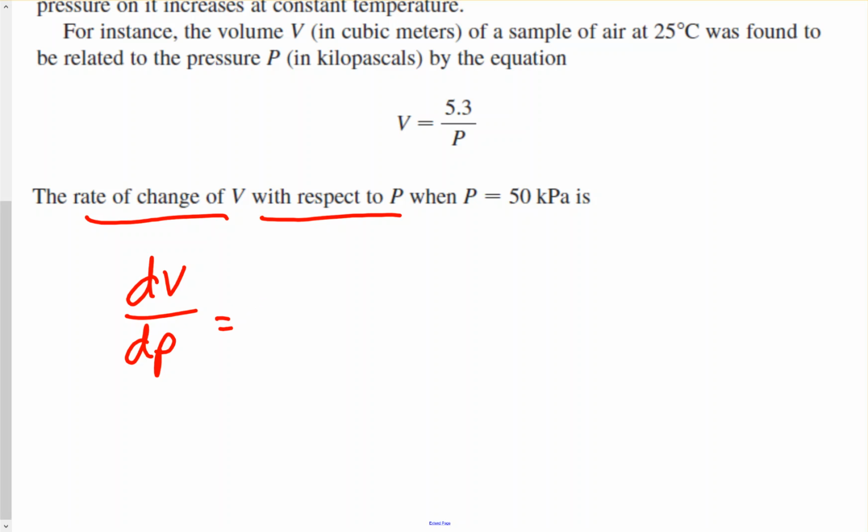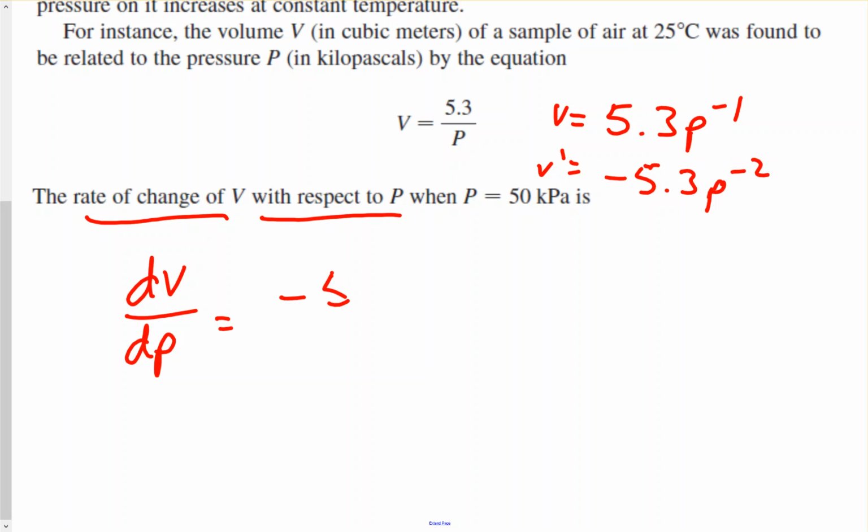So right now it's 5.3 times P to the negative 1. We take the derivative of that, that would be negative 5.3 P to the negative 2. Okay, so negative 5.3 over P squared.